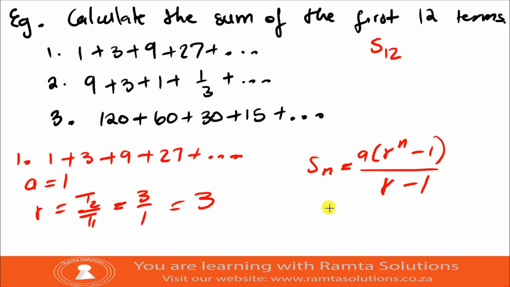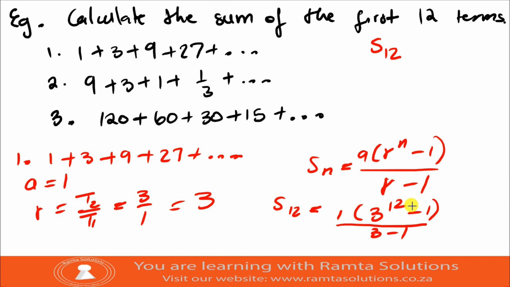When R is greater than 1, you use this one. So let's see. We're looking for the sum of the first 12 terms, which is 1 into 3 to the 12 minus 1 all over 3 minus 1. Let me take my calculator.